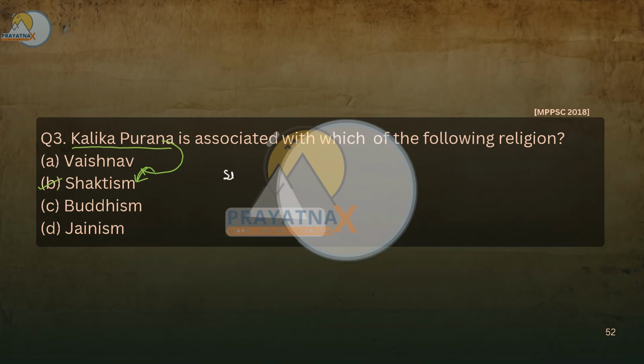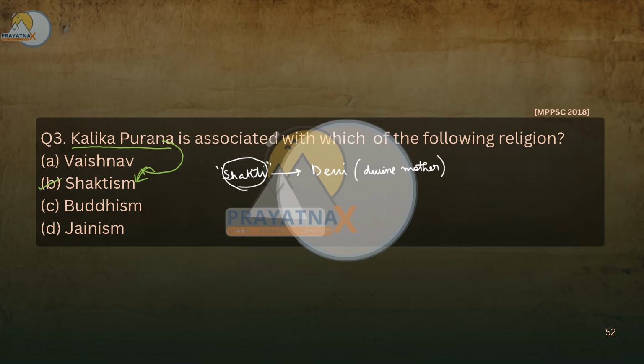Now Shakti here means the worship of Devi or the divine mother. Now this Shakti or Devi is believed to be the absolute and primordial source of all creation. So Kalika Puran is associated with this.